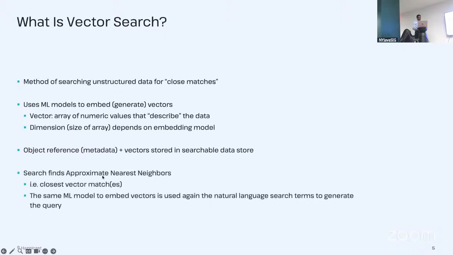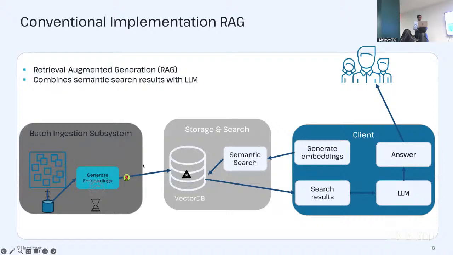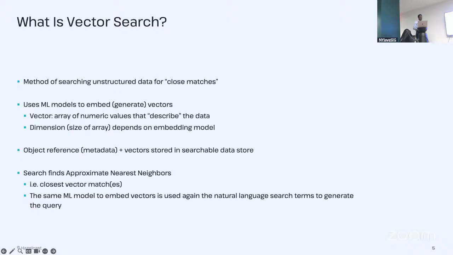Let me just pause this right here. And basically, most of the calculations in a vector algorithm is doing a nearest neighbor calculation and sending you the relevant information based on your query parameters.